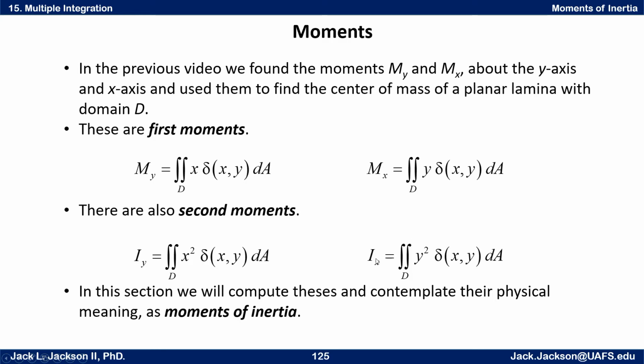And I sub x, the moment of inertia about the x-axis, is the double integral of y squared delta of xy dA. We could talk about third and fourth and fifth moments in a similar manner, but we're going to look at second moments in this video and see what their physical meanings are. We're going to think of this as a moment of inertia.